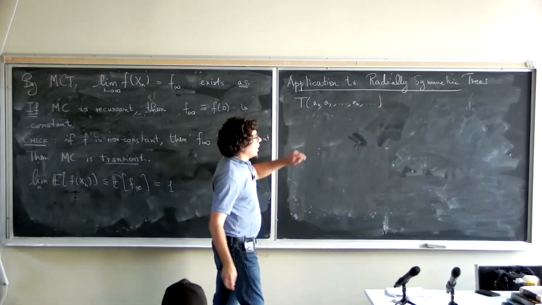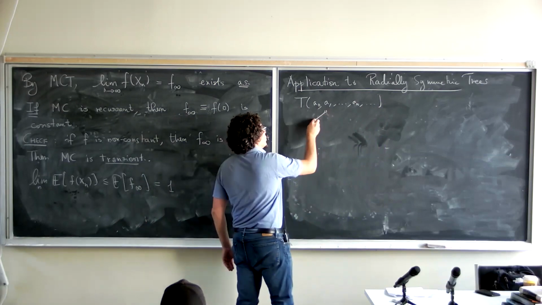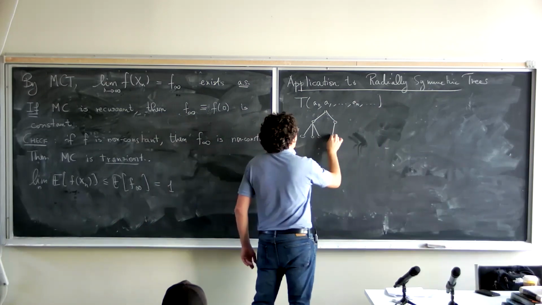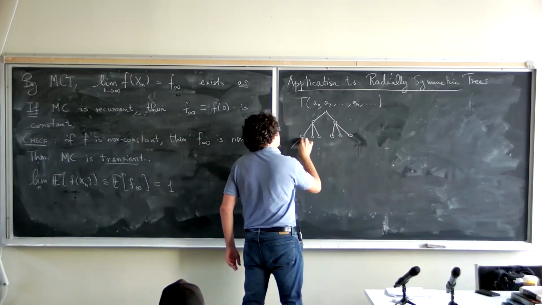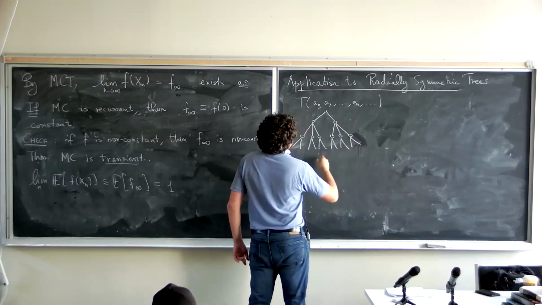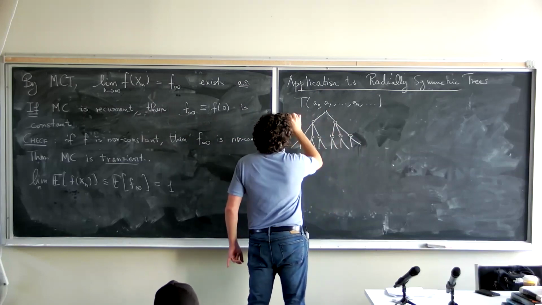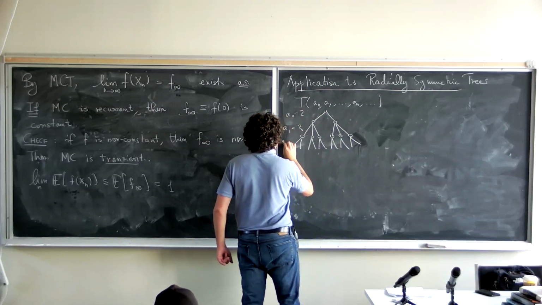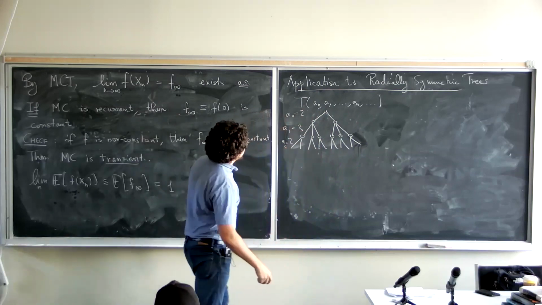And we want to construct, so we have this tree. So let's say, yeah, this is A0, A1. So A0 is equal to 3, A1 equals 2 here, for instance.